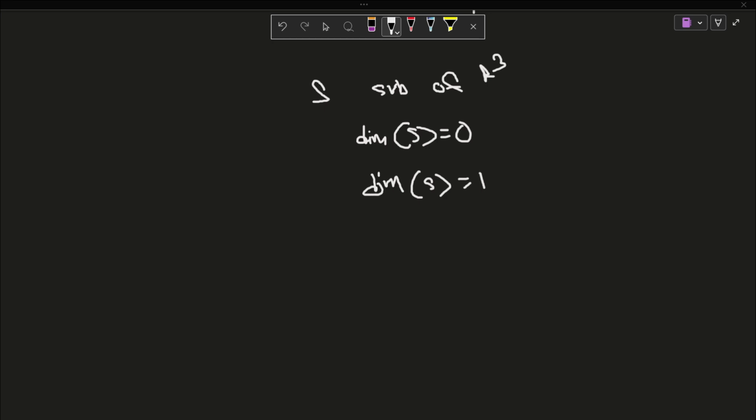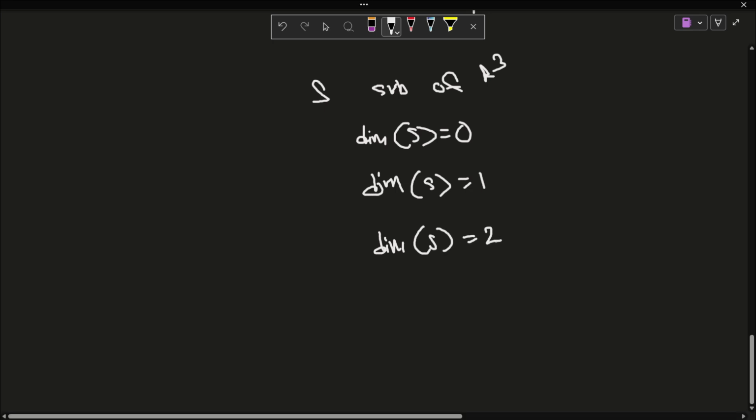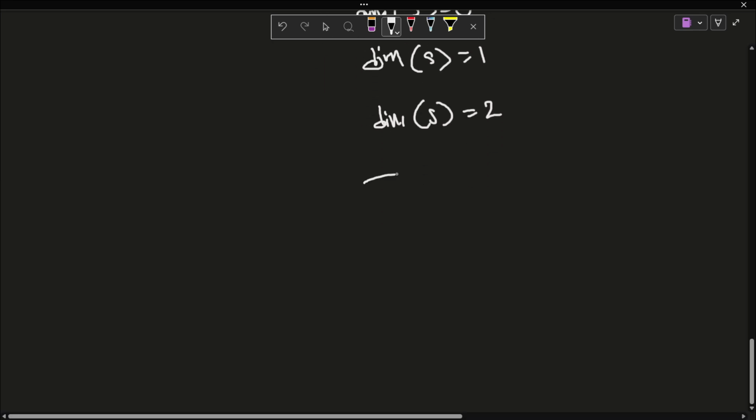Okay, because every vector is a scalar multiple of what we have, so it's just going to be a line. And then if you have the dimension of S as 2, well, in a 3D sense, this is just going to be a whole plane.